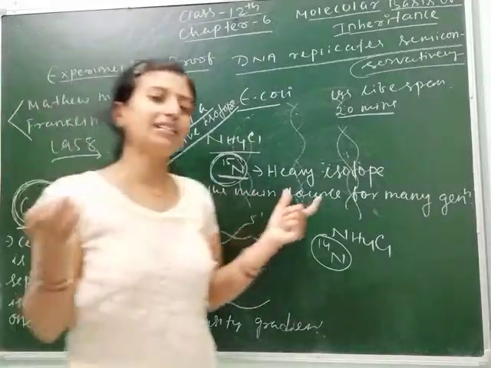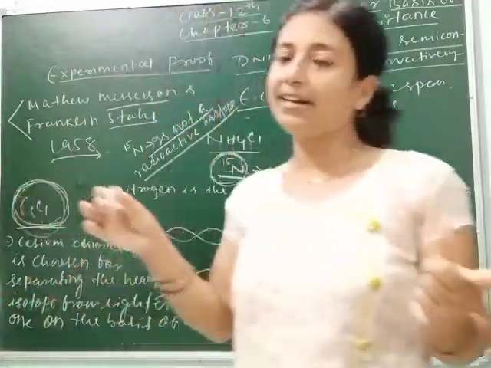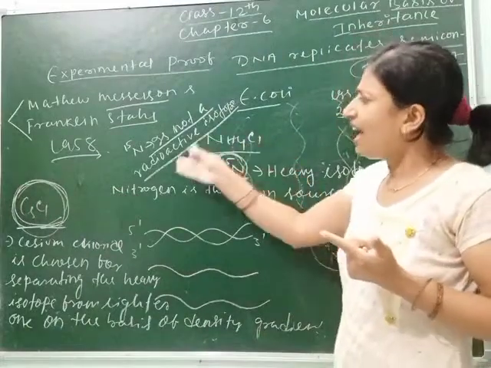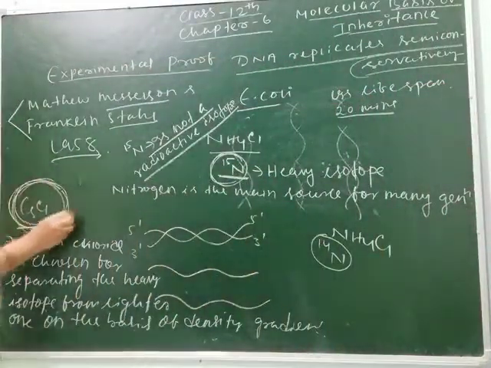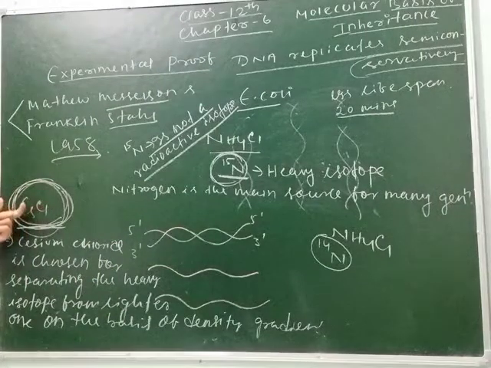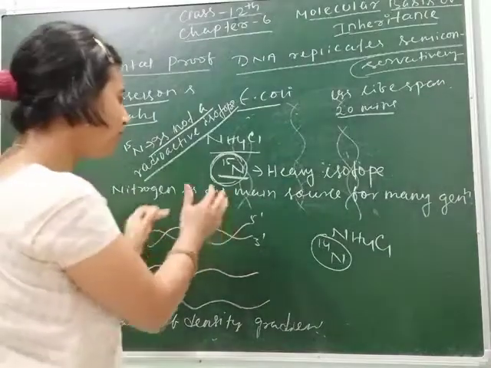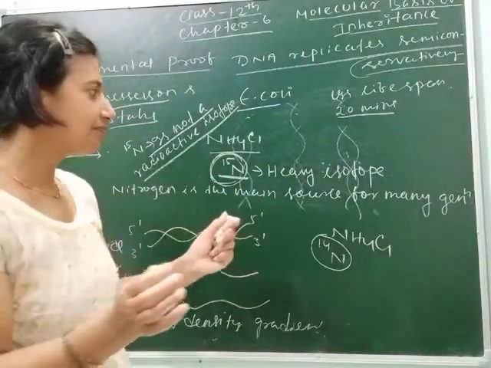If the question asks how nitrogen 15 can be separated, it is separated from nitrogen 14 by putting it in the cesium chloride solution. Again, what happens after incorporation, when E. coli divides?